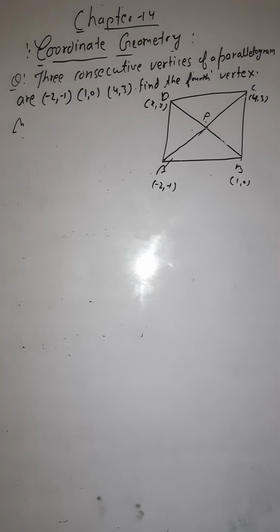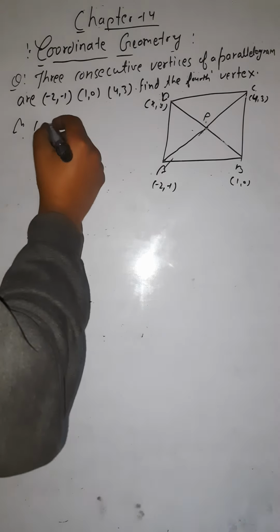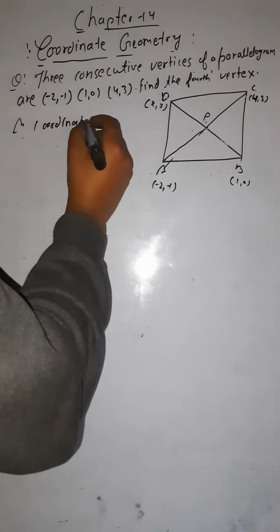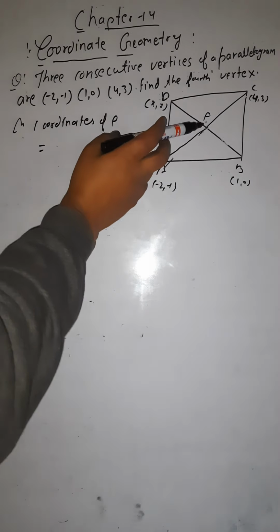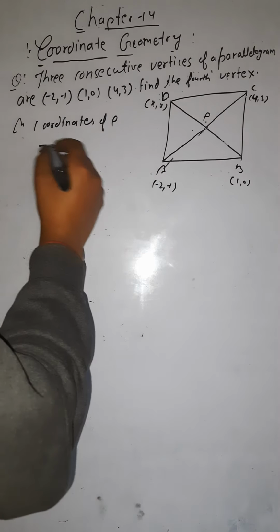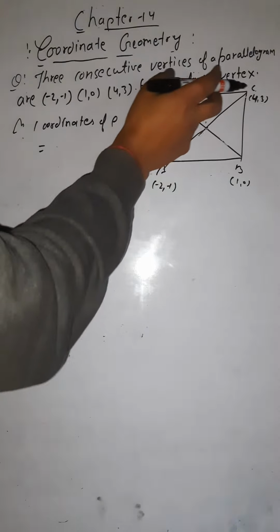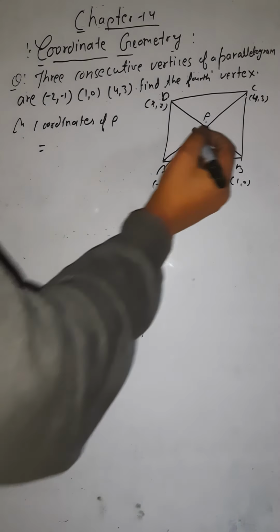What are the coordinates of P? Can you tell me the coordinates of P? As I have told you, P is the midpoint of the diagonal AC. So its coordinates would be what?